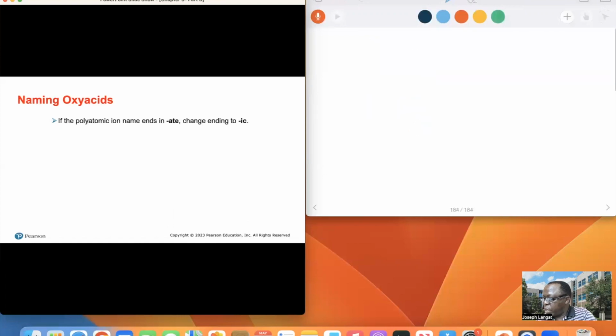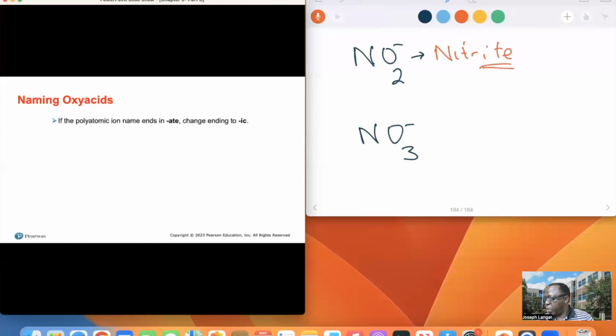If you look at the naming of polyatomic ion, NO2 negative and NO3 negative, we name these as nitrite, ITE, and nitrate. Please go back to polyatomic ion so that you are able to handle the oxy acids from the polyatomic ion. Got to go back to the basics. This is nitrate.